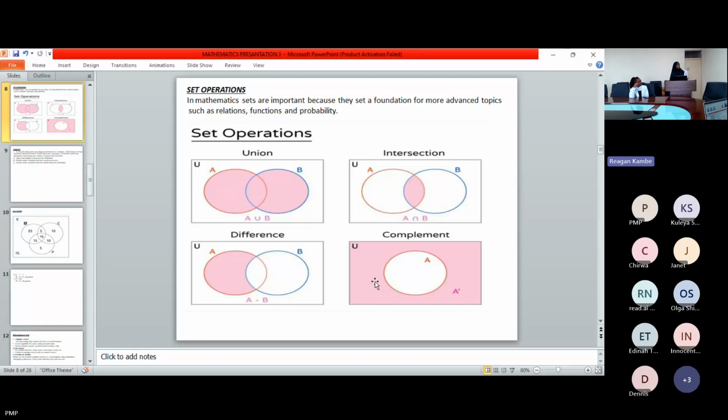When they say A intersection B, it means you only get where A and B are sharing, like the middle part. Then the difference, when it says A minus B, it means everything in A that does not belong in B. Complement, we have this one that says A complement, meaning everything except A. Clear? Thank you very much, madam.